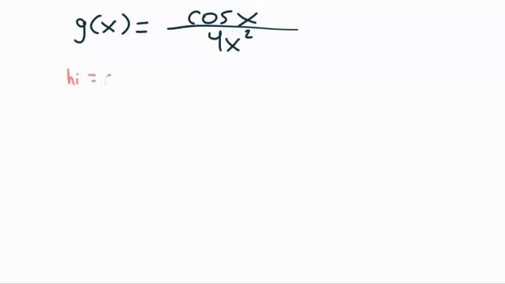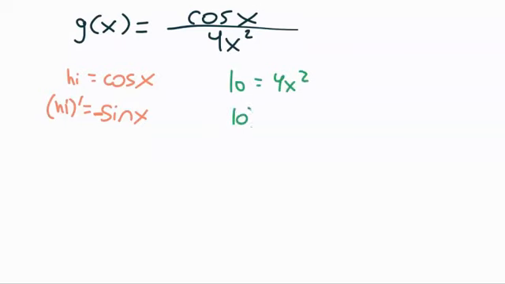So the top of this is cosine of x. The d high, or the derivative of the top, the derivative of cosine, is negative sine of x. And then low is the bottom, 4x squared. The derivative of the bottom, or d low, is 8x. So now we at least have all our parts for quotient rule.